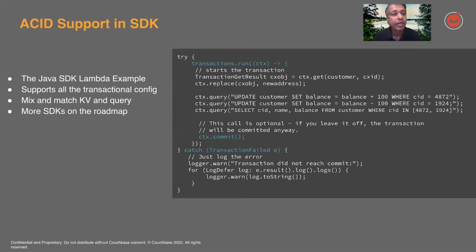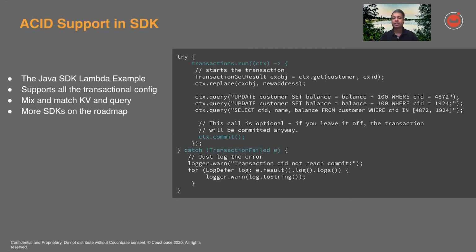Okay, here's an example of SDK support. Here we have the lambda pattern implemented in the Java SDK to support distributed transactions. To support queries, we simply added another method to the lambda.